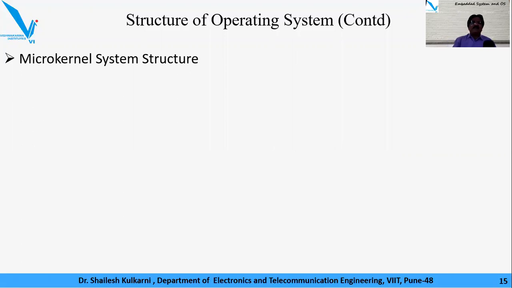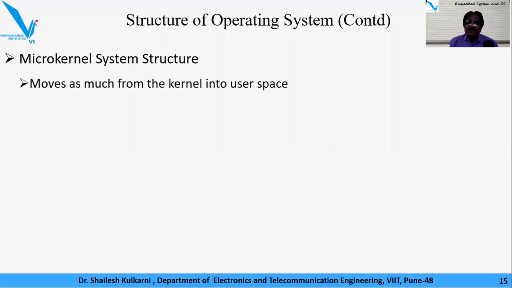So let's try to understand this in more detail. When we say user space and kernel space, it moves as much as possible from the kernel space into user space. That means not every service, as in a monolithic OS structure as we have seen, is expected to be seated in the kernel; that service is migrated to the user space. And between user space and kernel space there is an interaction as and when required.